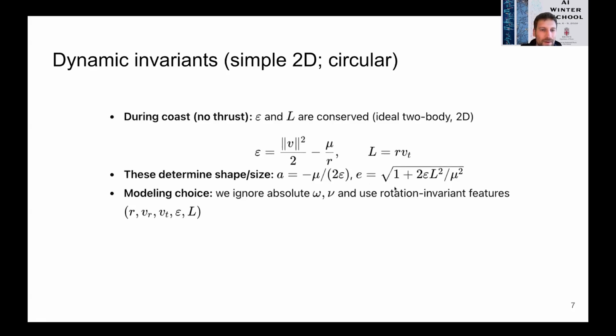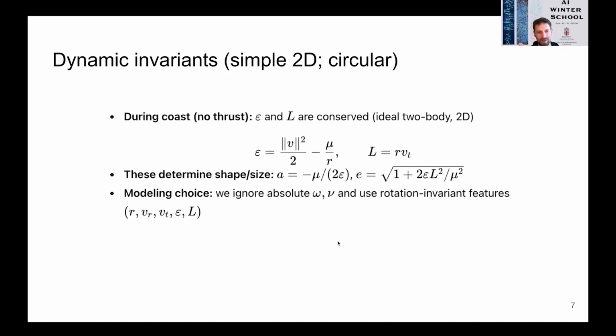So the second bullet here is just the same equations from the previous slide, basically relating semi-major axis and eccentricity to the energy and angular momentum and mass terms. And the real takeaway here on this slide is that we can ignore the angles and phases, and use energies and angular momentums to be completely rotation invariant for our modeling later.